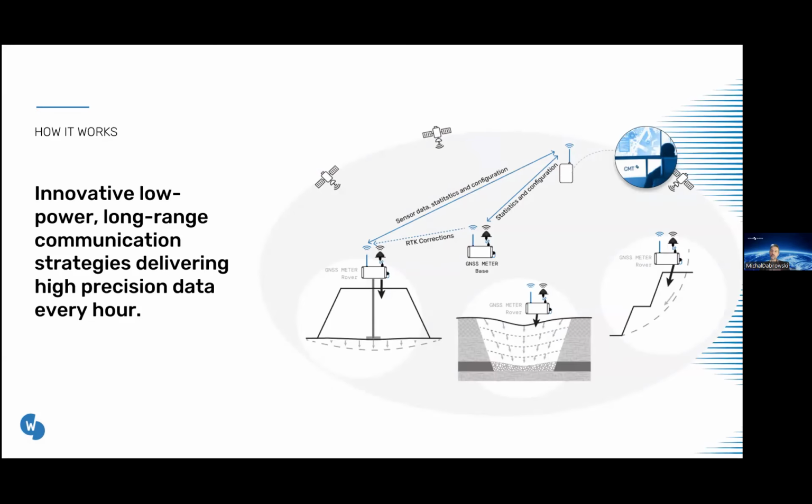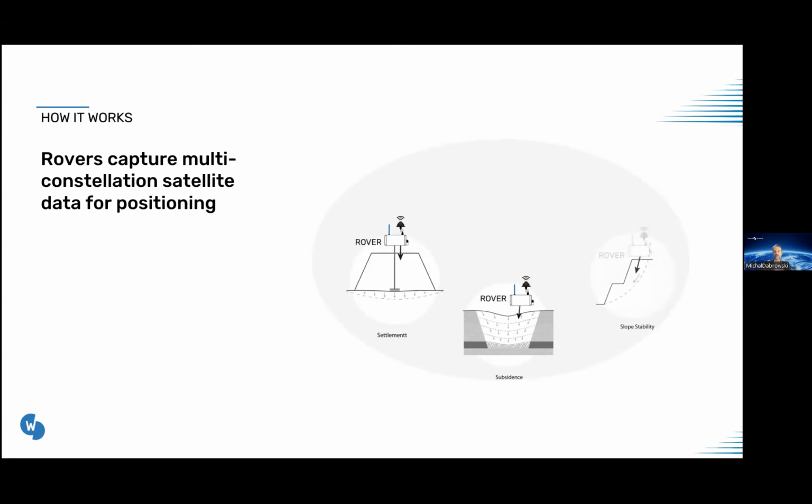Okay, so how do we do it? We're using the base to acquire and calculate so-called RTK, real-time kinematic correction, and this correction is then communicated to the group of rovers over the LoRa protocol. On this slide, we're showing the overall idea of the entire network of rovers.